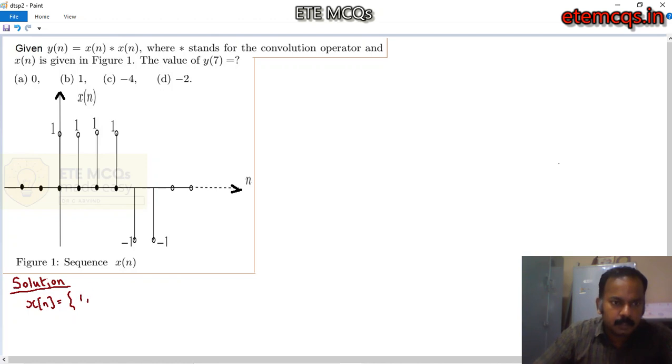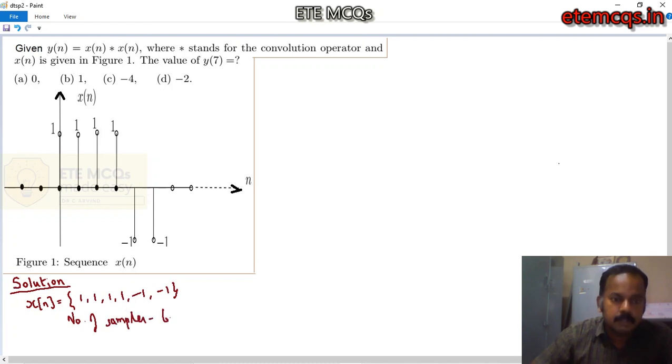So you have 1, 1, 1, 1, and then you have -1 and -1. So you have 6 values altogether, 6 samples. So the number of samples is 6.